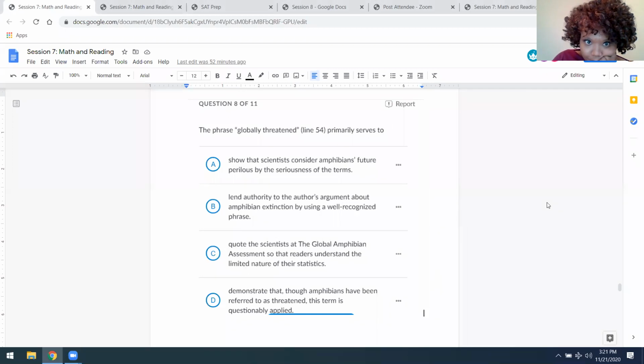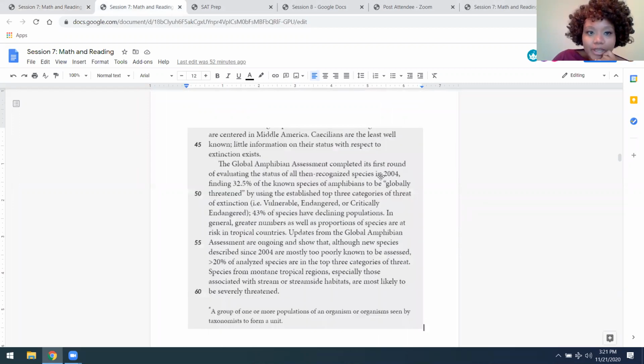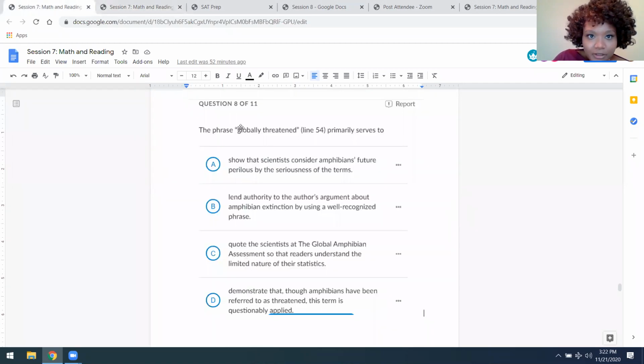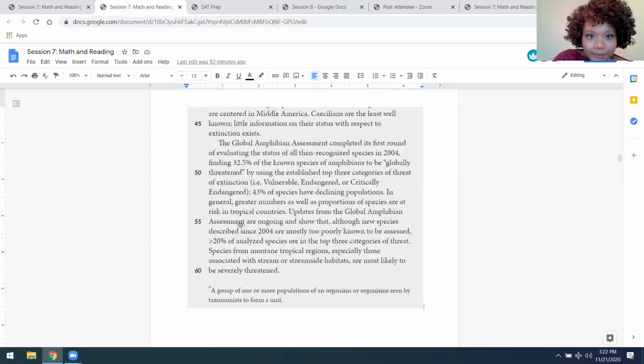Of course, if it's giving us a line, go to that line. Even if your strategy is skimming, of course, you go to exactly where it's referencing. So line 54, and we're looking for the phrase globally threatened. Sorry for any background noise.